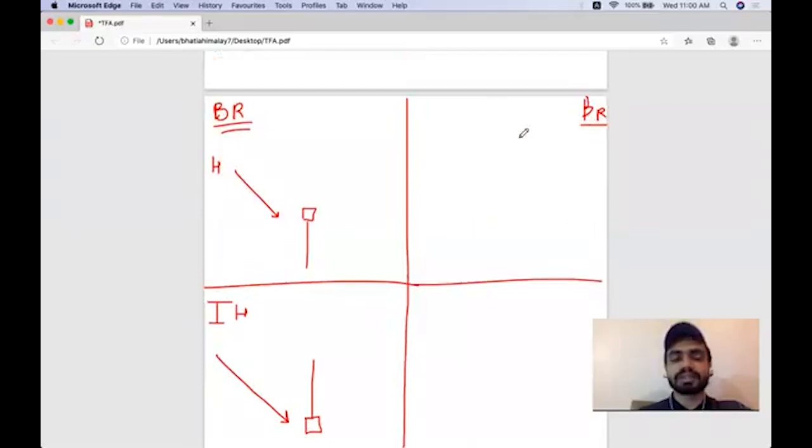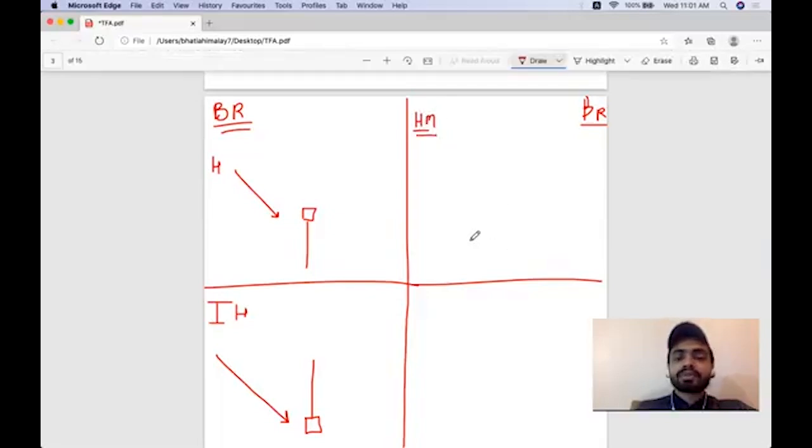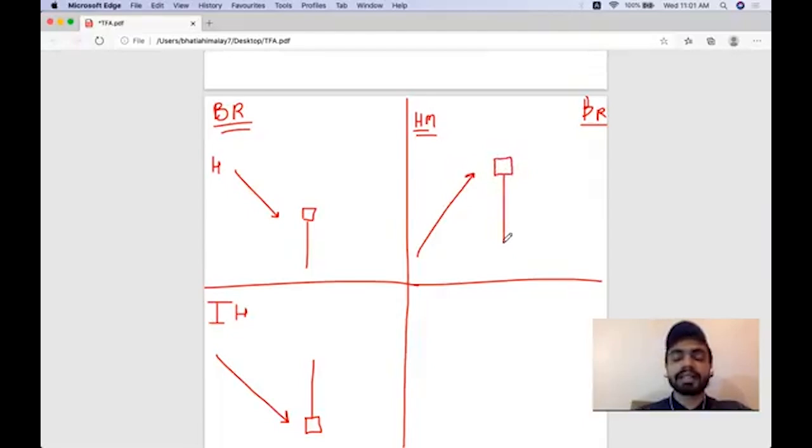Your bearish reversal structures. So the first pattern that we discussed over here was your hanging man pattern. So in this case, there should be an existing uptrend and again a small body with a large lower shadow, wherein the lower shadow is at least twice the length of the body.